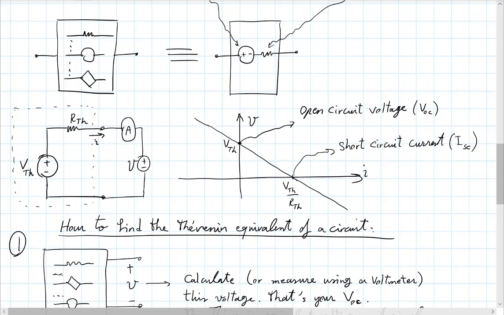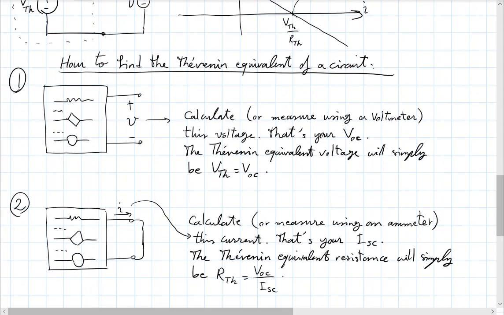You get a point here. You apply some other voltage, get some other current. You get a point there. A straight line goes through that. And of course, from that, if you're interested, you can then calculate your open circuit voltage and short circuit current.